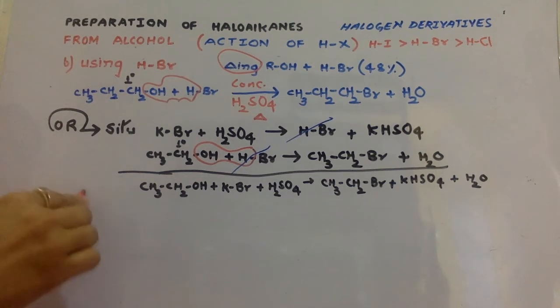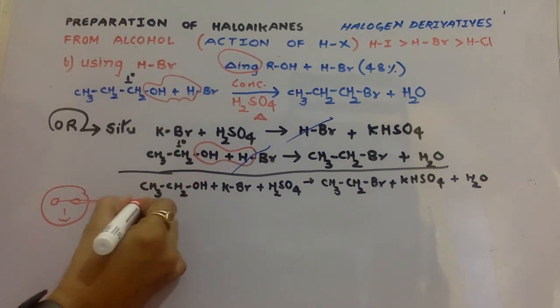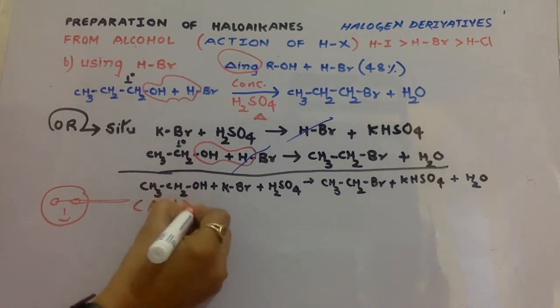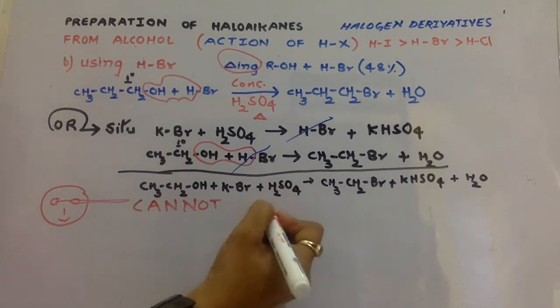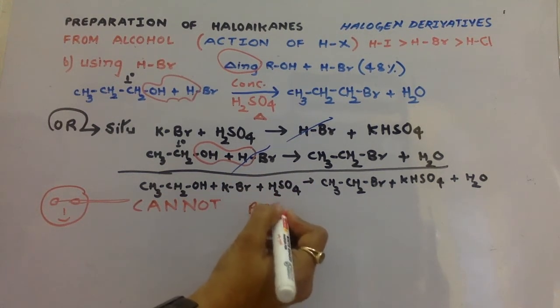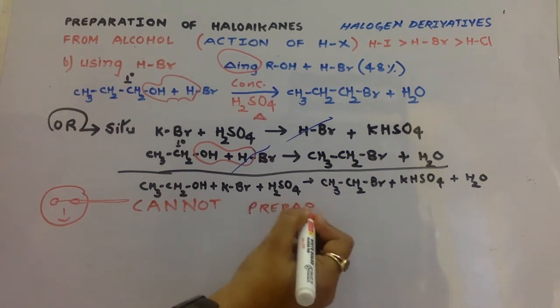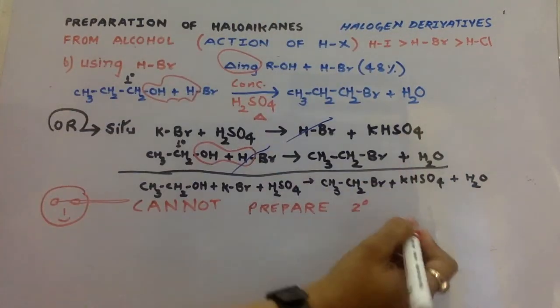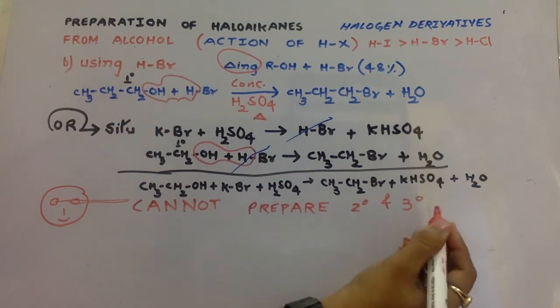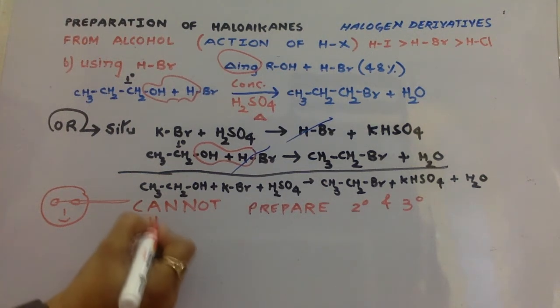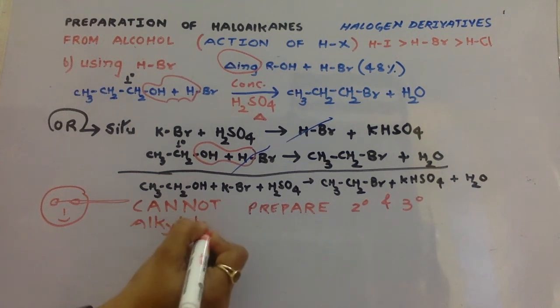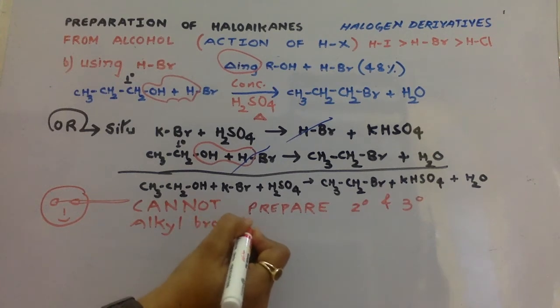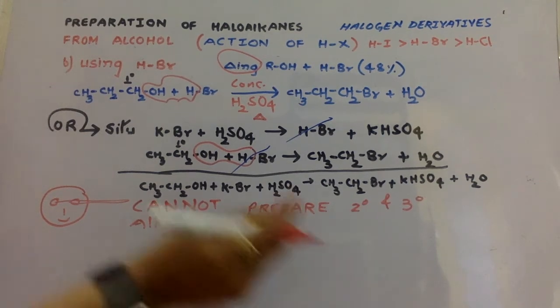Very important thing to note over here is we cannot prepare 2 degree and 3 degree alkyl bromides in this method.